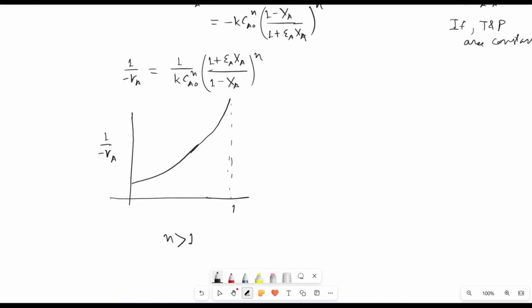Remember that the Xa range is from 0 to 1, and for a desired exit conversion XAE, the plug flow will give the least volume for n greater than 1.